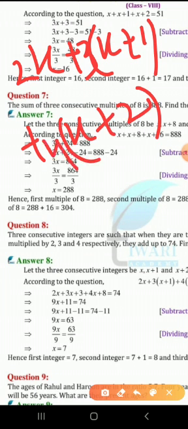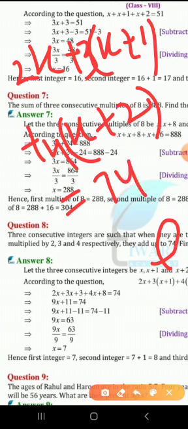On adding, the sum of this is equal to 74. So this we have to solve to find the value of x. Let us see how it can be done.